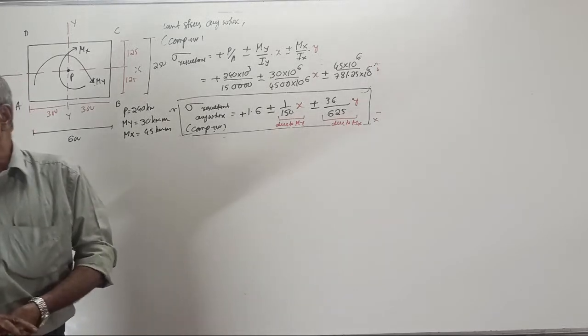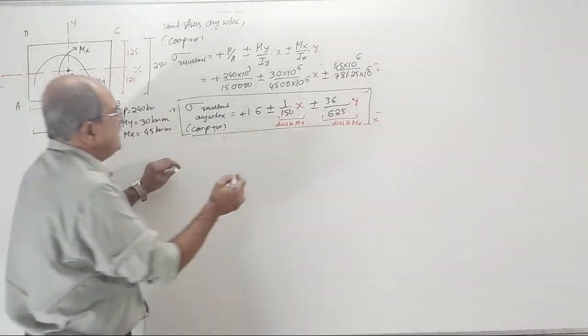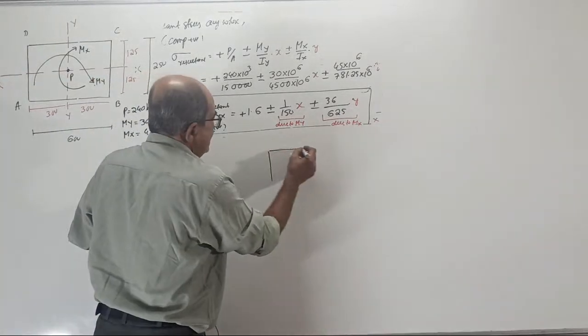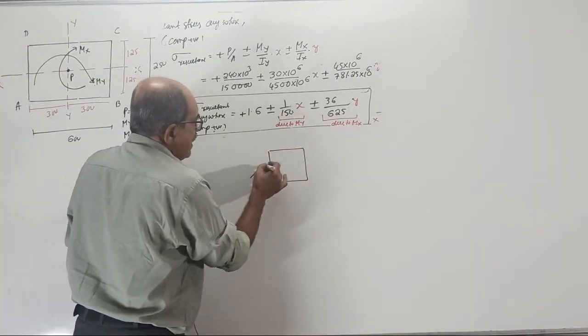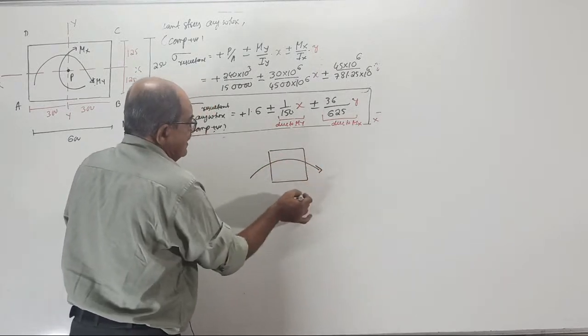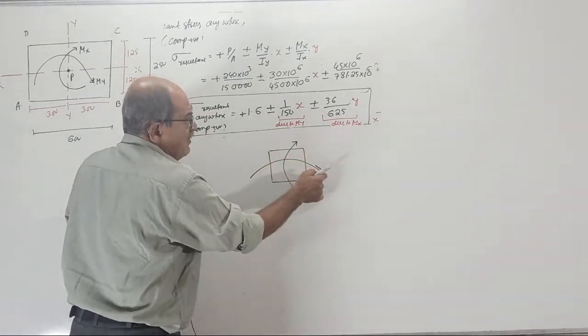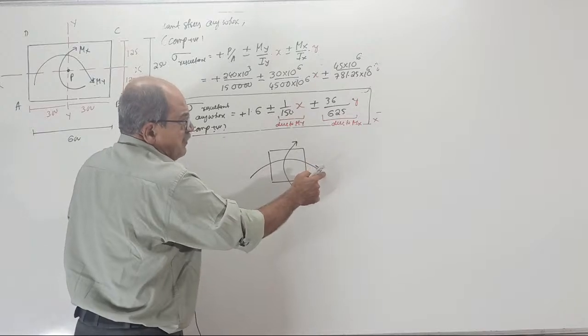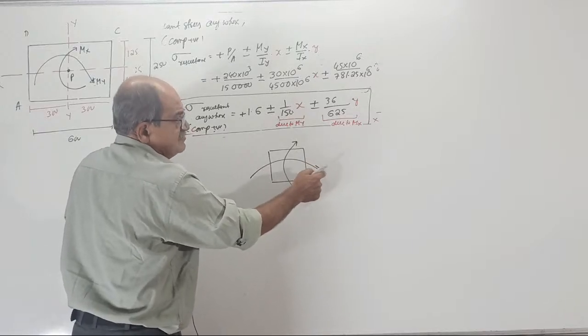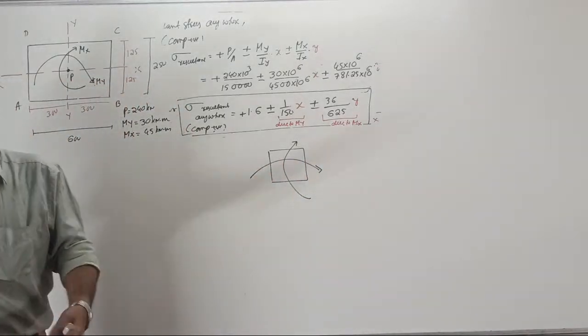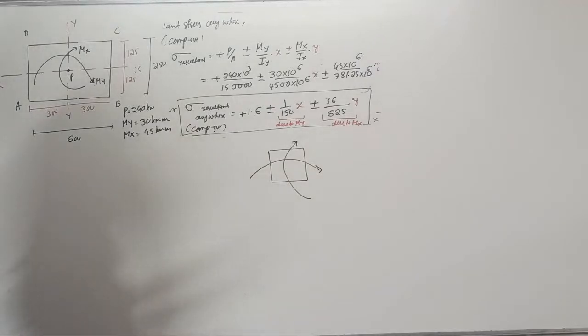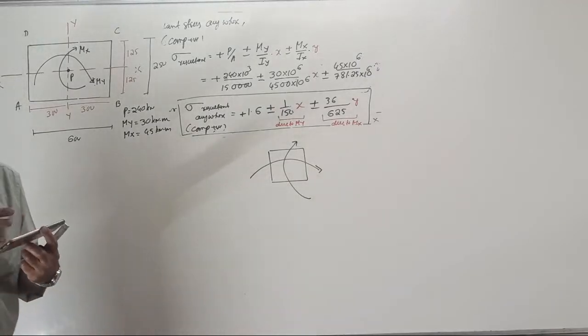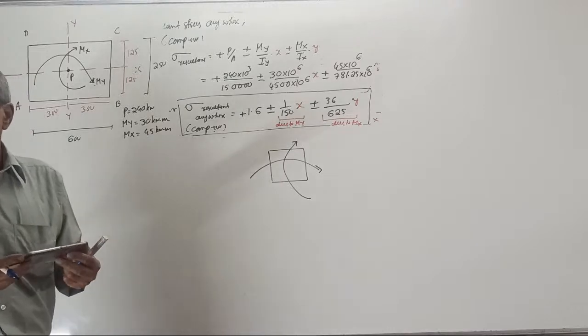If you don't observe properly in the sketch I have given, tell me, in the starting of the question, how much I gave here? In the starting of the question, how much I gave here? Now everything is spoiled. If it is wrong, everything is spoiled because of your lack of observation.